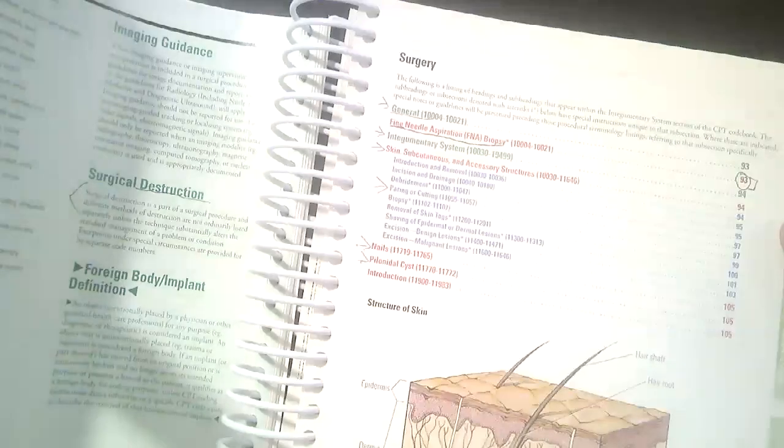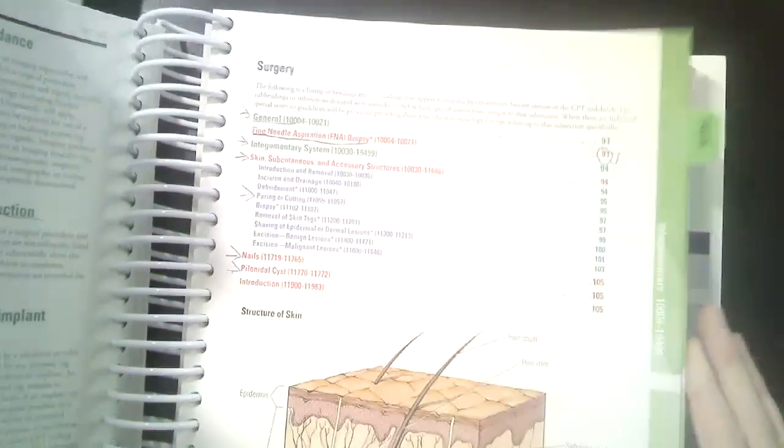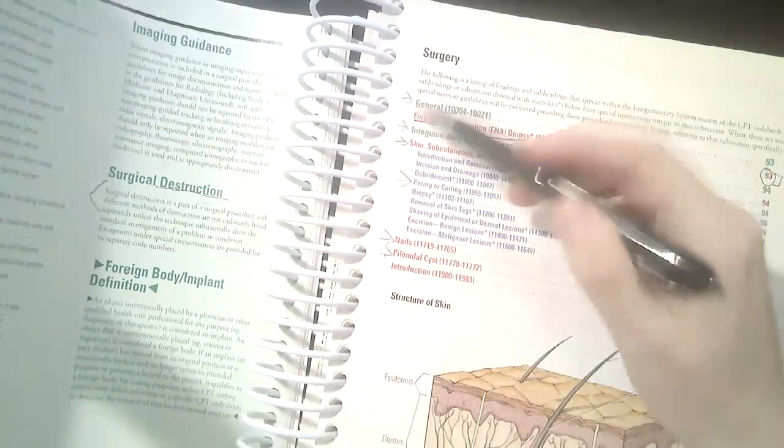And that is where the table of contents for surgery and for both general and integumentary system start. So this is the start of the entire surgery section, but it's also where we see general and integumentary systems table of contents, okay? The integumentary system itself, those codes start on page 94.